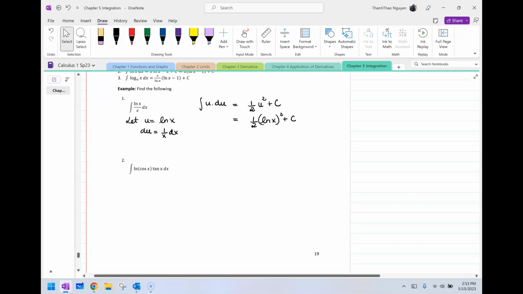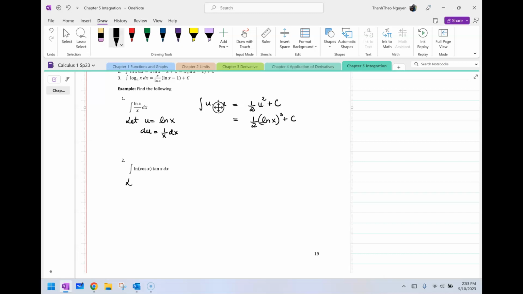Let's see the next one. Here we have an ln of cosine of x times tangent of x dx. So go ahead and let u equal to ln of cosine of x. So du equals 1 over cosine of x times negative sine of x dx. That is equal to du equal to negative tangent of x dx.